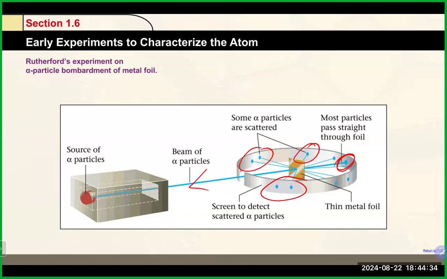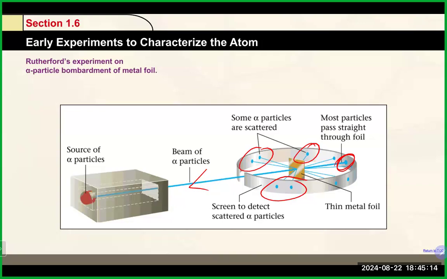So this had them rethinking the model of the atom, that maybe the atom doesn't have all this positive charge spread out all over the place. If I take all my positive charge and fold it, what do they say, like 7 times or something, you can't fold it anymore after that, into a very tightly dense positive core, and I shoot my particle at it, it comes back at me.